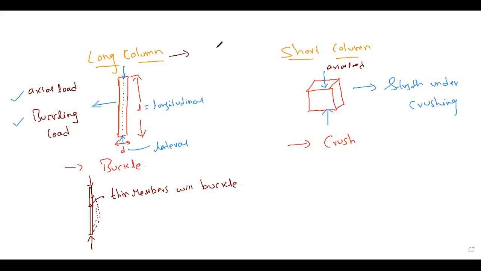Long columns will fail under axial load and under buckling. So long columns should have resistance towards axial load and towards buckling. Both should be there, then only long columns will be safe. This is the major difference between long column and short column. Guys, clear? Have you all understood? Okay.